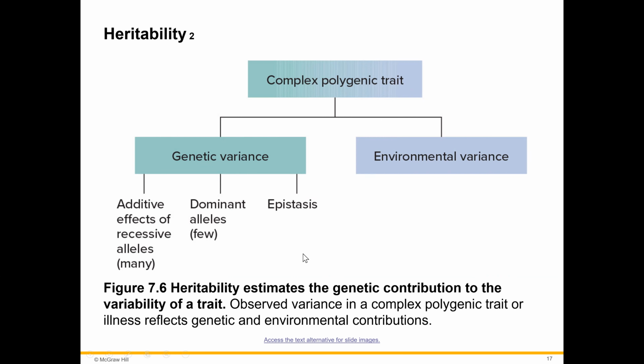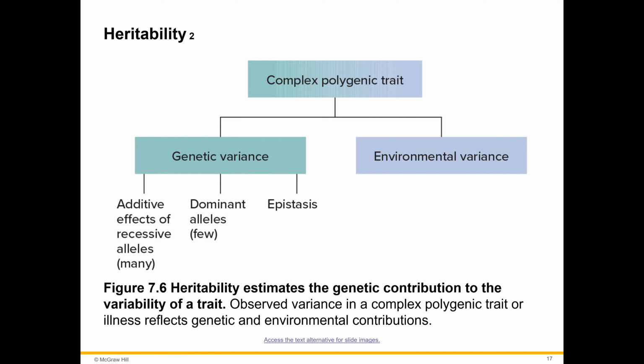Heritability estimates the genetic contribution to the variation of a trait. Observed variance in complex polygenic traits or illness reflects genetic and environmental contributions, right? So, for example, if there is some illness that is determined by several genes, there will be variance in observation of this illness.